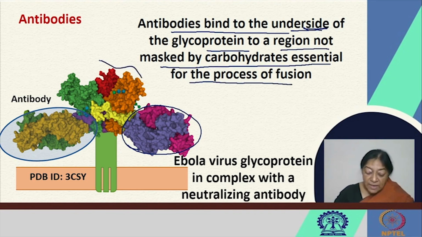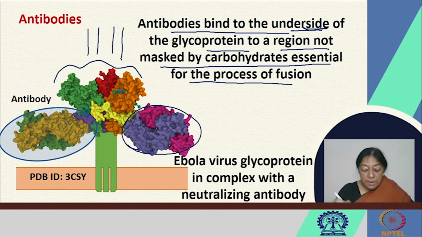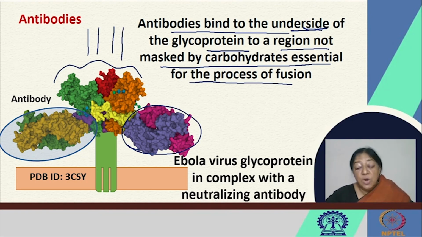So here we have the glycoproteins or the carbohydrates attached to the specific membrane protein that are going to be involved in the attachment with the virus. But the antibodies present here are on the underside of the glycoprotein, so they do not mask the carbohydrate.